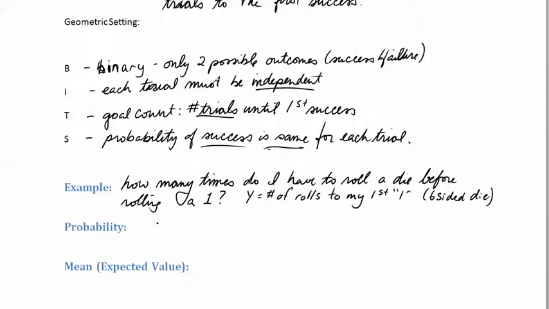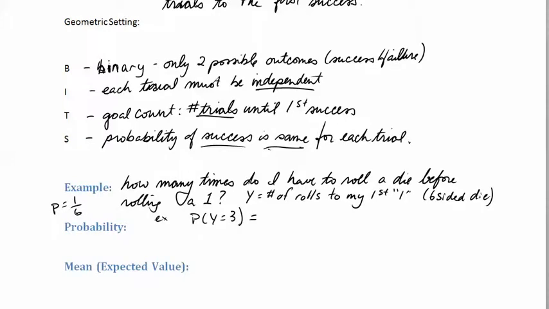So let's look at the probability that y equals 3. In other words, what is the probability that it would take me 3 rolls to get a 1? First of all, the probability of getting a 1 would be 1 out of 6.